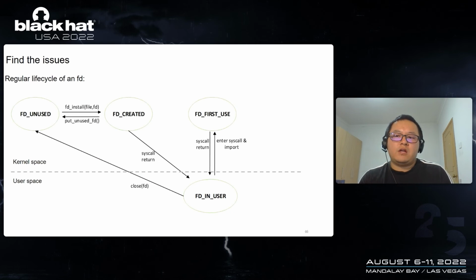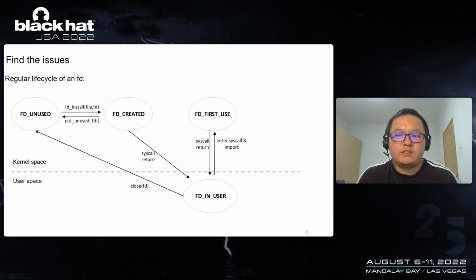Here is the regular life cycle of an FD. The original state of an FD is FD unused, as you can see. The FD will become FD created when it gets associated with a file object through fd_install. When the FD gets returned to user space, the state changes from FD created to FD in user.